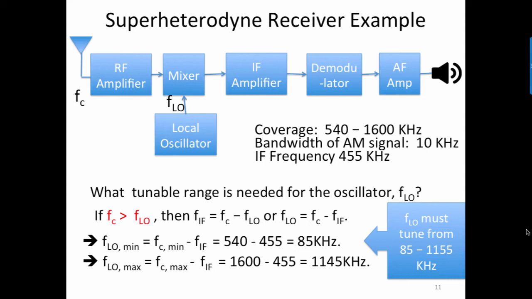In the second case shown here, the range goes from 85 to 1145 kilohertz. Thus, the oscillator tuning range must increase by a factor of 12. That's a large range for a tunable oscillator to traverse, making the first approach the better receiver design, even though in theory they would work the same.